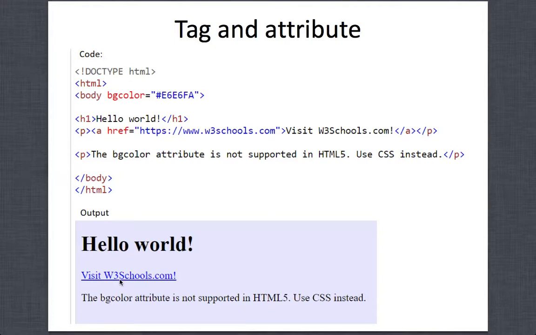It will go to the place that has been specified by the href. Here it has been specified www.w3schools.com. When I click this, it will check what is given in the href and take me to that page.